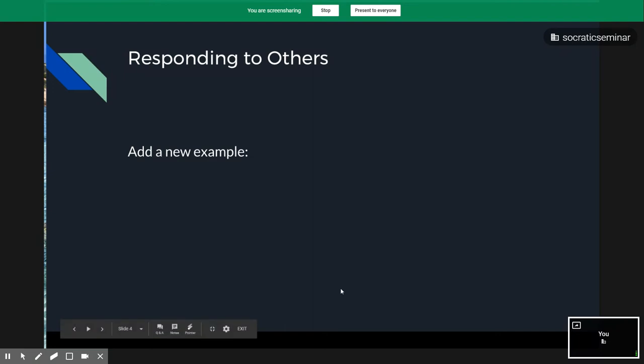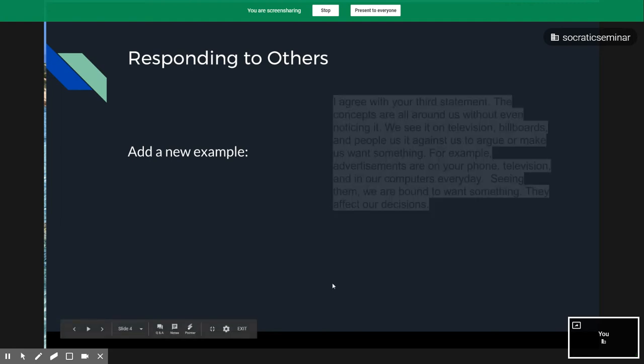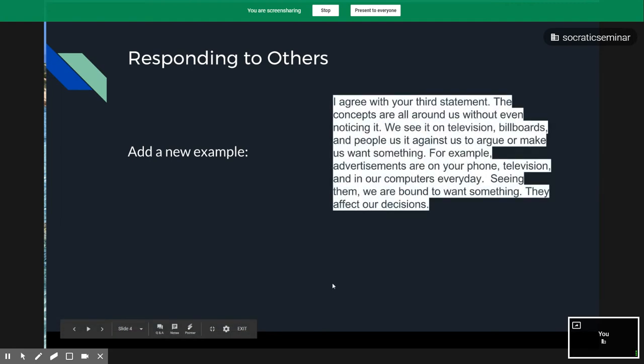There's 3 different ways that you can approach this discussion board. The first one is to add a new example. I love how this one has been worded because it does agree, but it explains it in a slightly different way. It's adding a new example. "I agree with your third statement. The concepts are all around us without even noticing it."